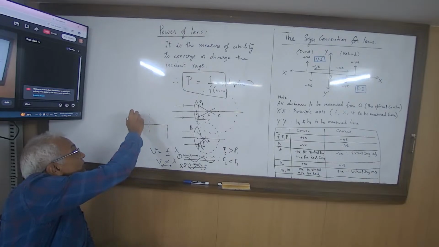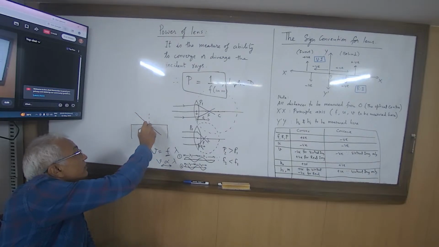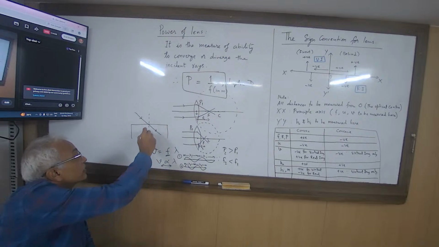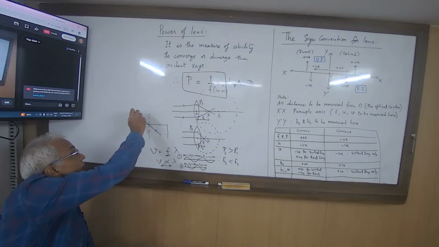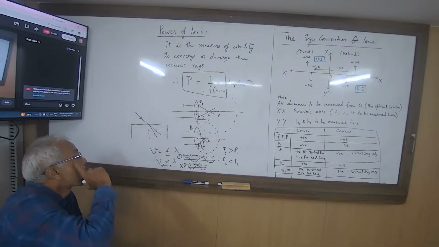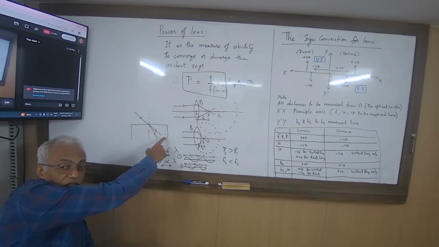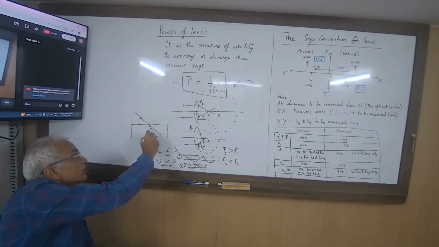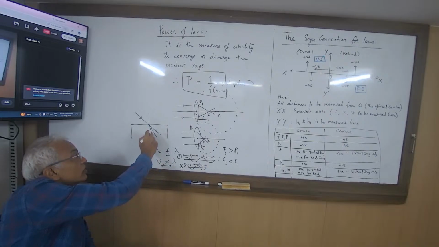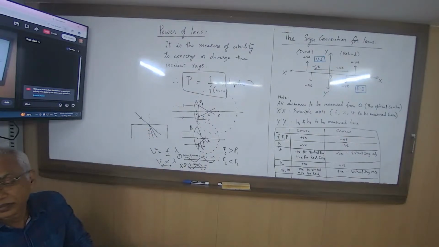Look here. Same speed, correct? No deviation. Let's say if it was deviated like this, this has less speed as compared to this. Even more deviated, even lesser speed. So this is the angle of refraction.